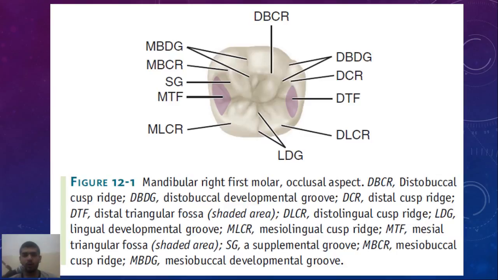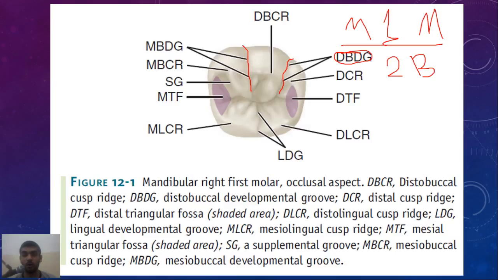Now we will continue the landmarks of the occlusal aspect of the mandibular first molar, and we will talk about the developmental grooves. In the mandibular first molar, we have 2 buccal grooves: the distobuccal developmental groove and a mesiobuccal developmental groove.